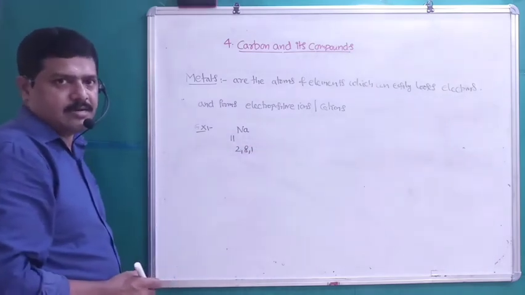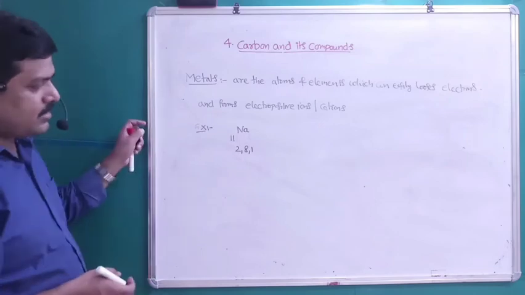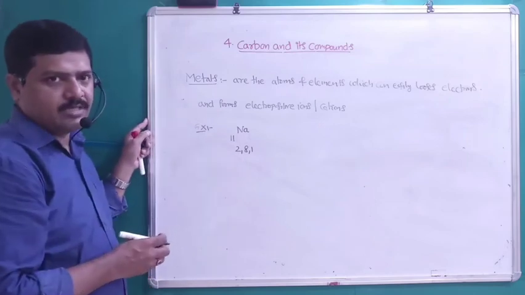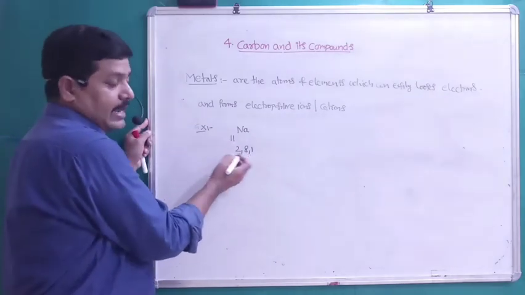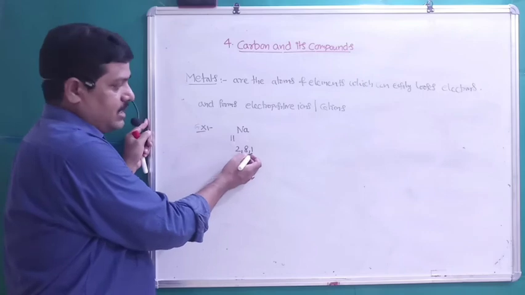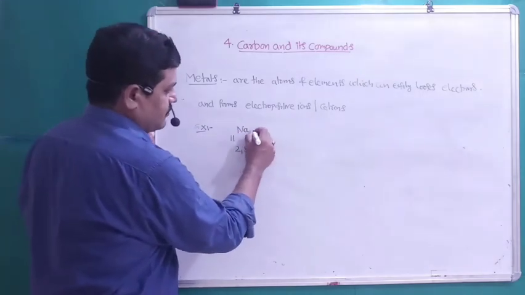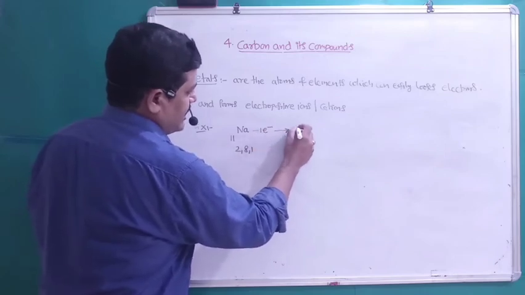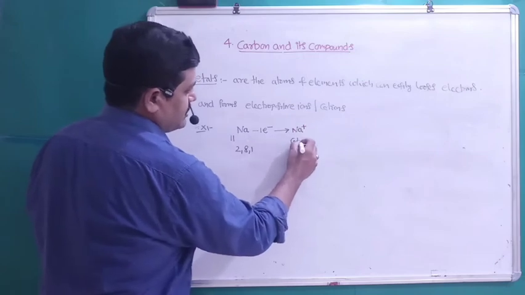According to octet rule, most elements try to achieve 8 electrons. So to get 8 electrons in the outermost shell, sodium will lose 1 electron. Minus 1 electron, then it converts into Na plus. An electropositive ion is called a cation.